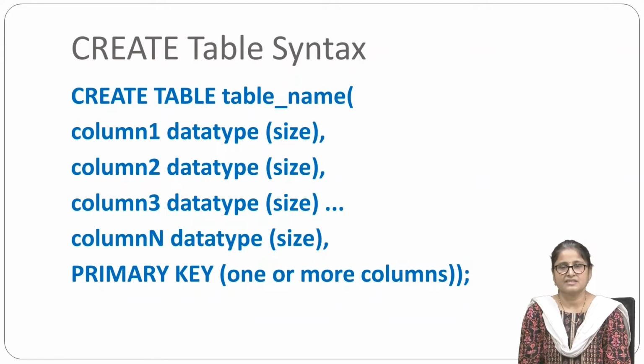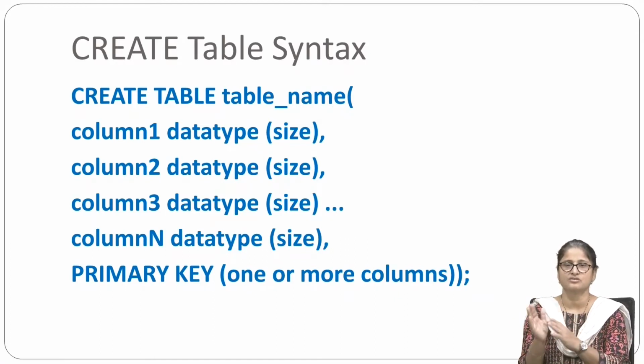Then inside the bracket you have to specify the different columns: column 1, column 2, column 3. How many columns are required? We know a table is nothing but a combination of rows and columns, so the columns are nothing but the attributes. What kind of value can column 1 hold?